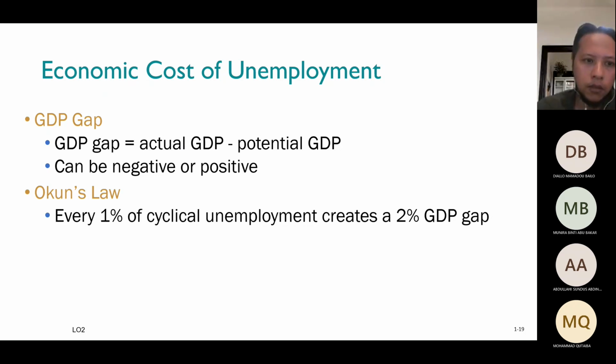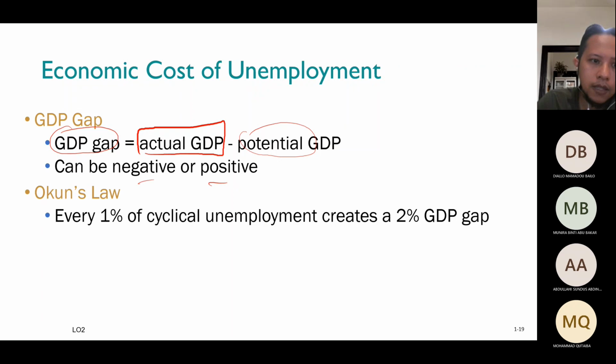So if you are not using it, you can calculate the GDP gap, which is the actual GDP produced by the country minus the potential GDP that can actually be achieved by the country. So it can be negative or positive.